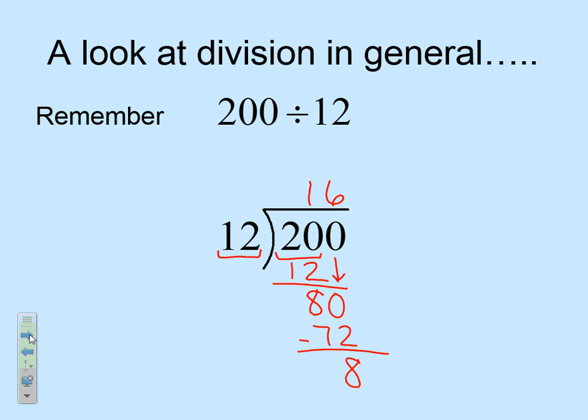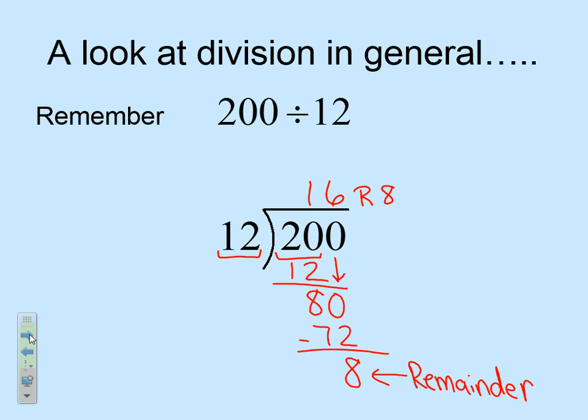So 8 is the remainder. After we do the division, there's going to be 8 left over that's not quite enough to make a group of 12. So you may have called this the remainder as a younger student, because it's what was left over after the division was done. The remainder we could write like this in younger grades, remainder 8, like that.